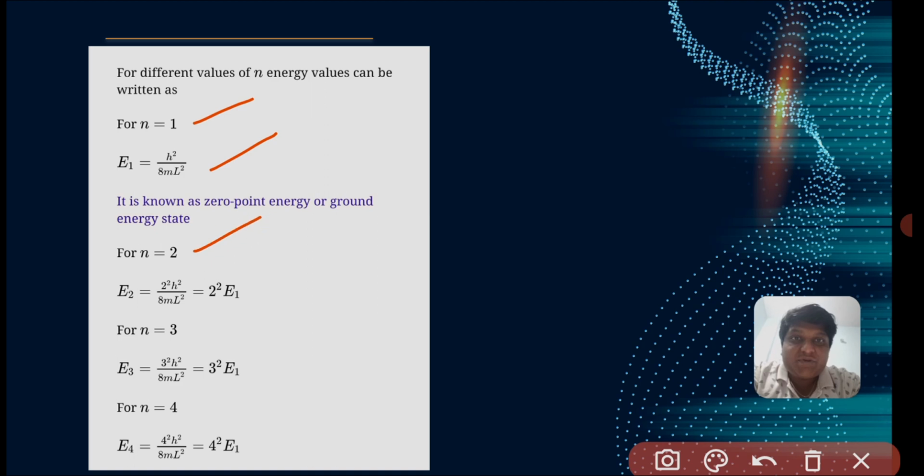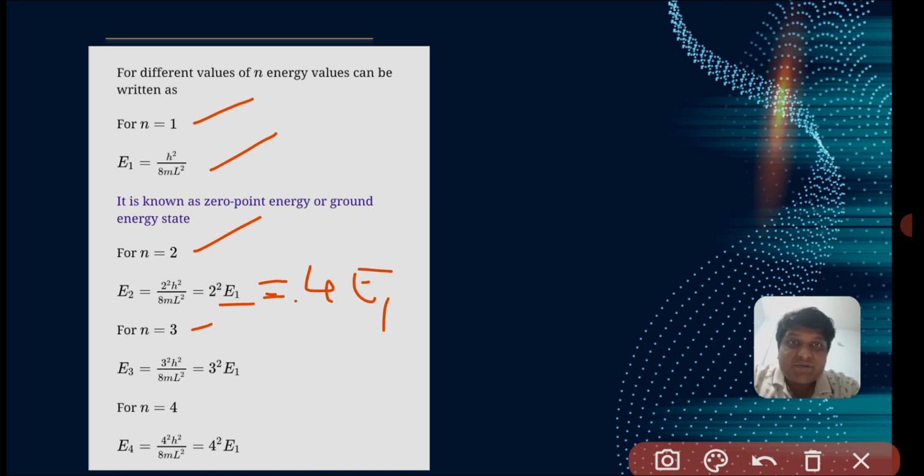For n is equal to 2, E2 becomes 2² times h²/8mL². This h²/8mL² can be written as E1, and 2² is 4, so it can be written as 4E1.